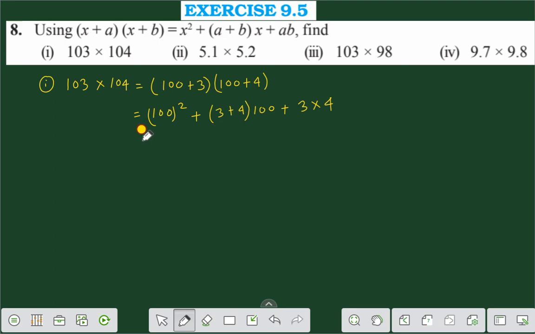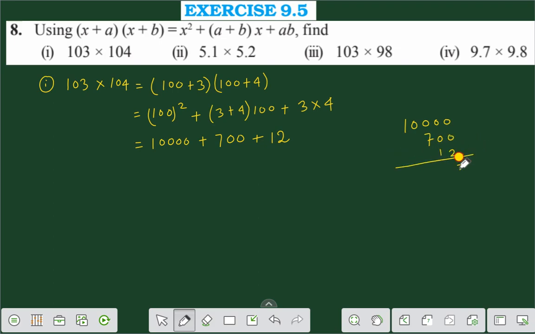Therefore, we are getting 10000 plus 3 plus 4 is 7, 7 into 100 is 700, plus 3 into 4 is 12. We add this: 10000 plus 700 plus 12.